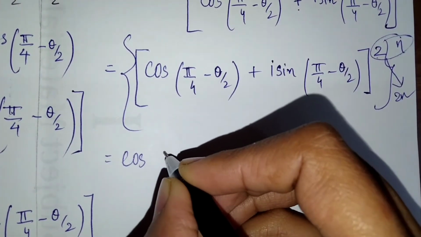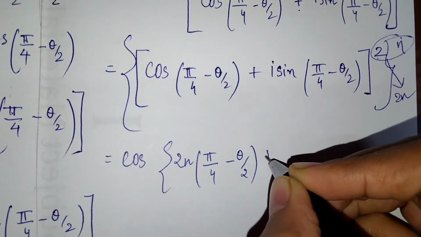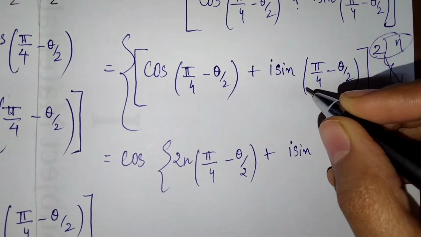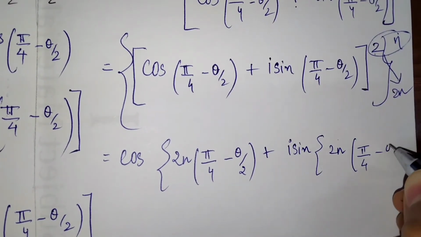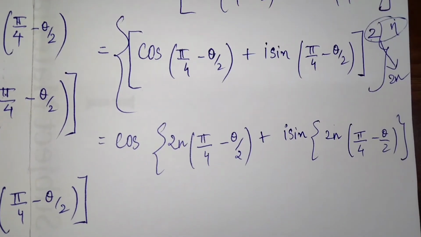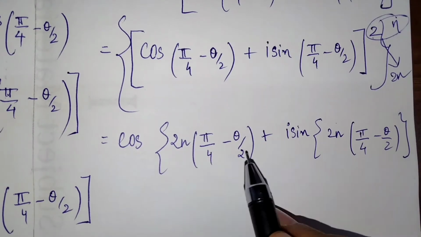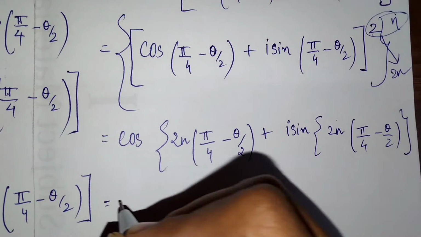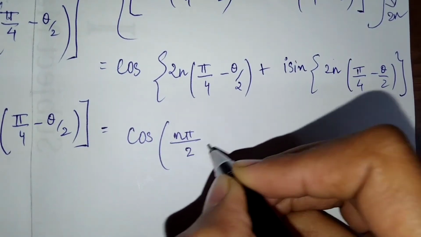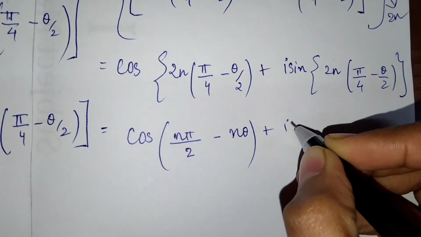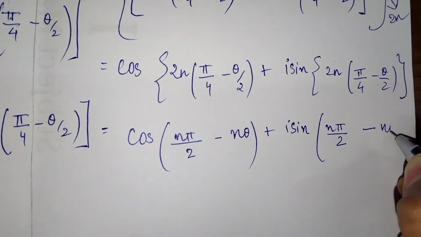cos 2n pi by 4 minus theta by 2 plus i sin, આ 2n છે એને de Moivre's પ્રમાણે અંદર મલ્ટીપ્લાય કરી શકીએ તો અહીંયા શું મળશે? 2n pi by 4 minus theta by 2. આવું મળશે. હવે આ 2 છે આની સાથે આપણે એને સોલ્વ કરીએ તો અહીંયા 2 થઈ જશે ને આ બે 2 કટ થઈ જાય તો આપણને શું મળશે? cos n pi by 2 minus n theta, એવી રીતના plus i sin માં એવી રીતના મળશે n pi by 2 minus n theta.